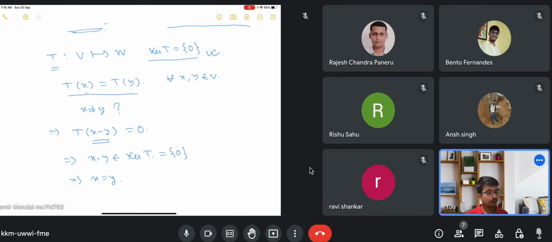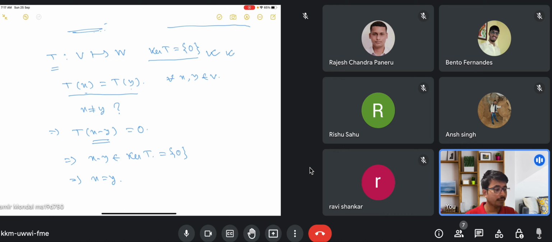So can you give one example of a function, not a linear transformation, which satisfies this but is not injective? If a linear transformation satisfies this equation, it has to be injective.